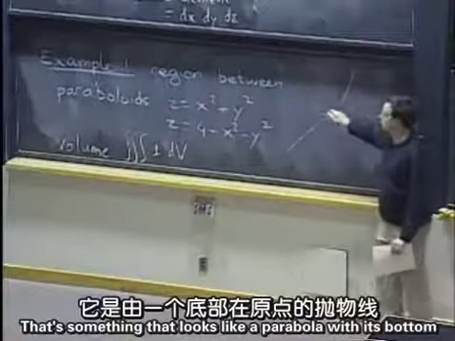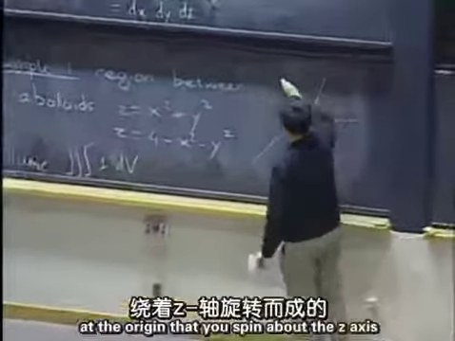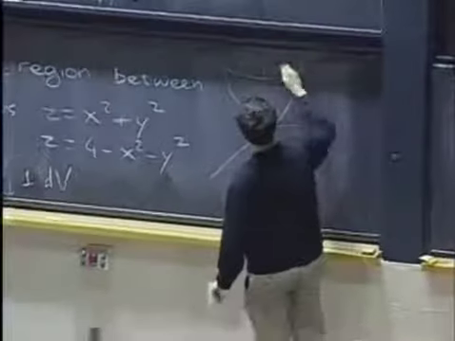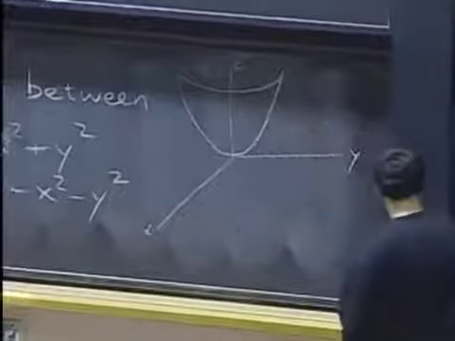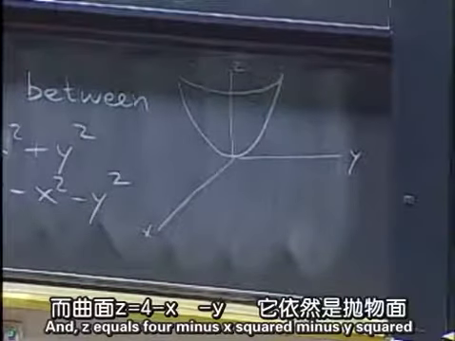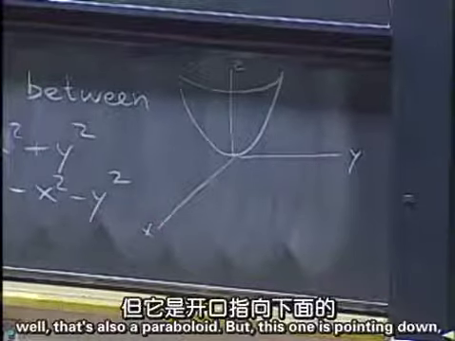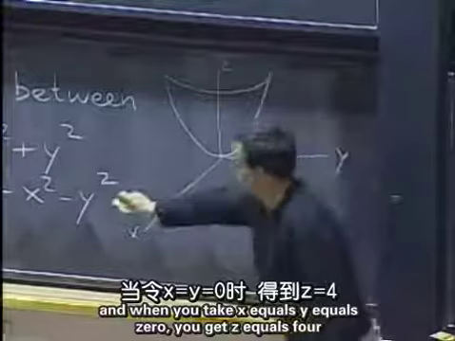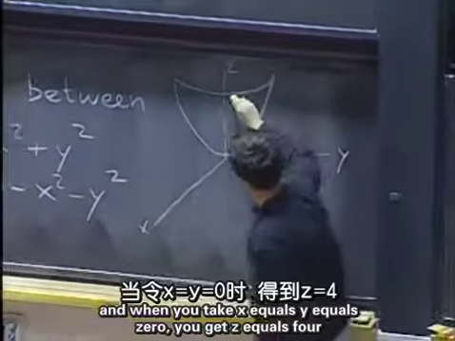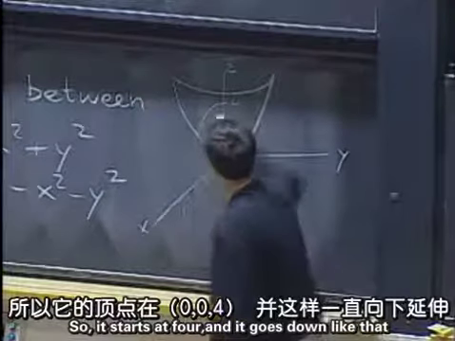That's something that looks like a parabola with its bottom at the origin that you spin about the z-axis. And z equals 4 minus x squared minus y squared. Well, that's also a paraboloid, but this one is pointing down. And when you take x equals y equals 0, you get z equals 4. So it starts at 4, and it goes down like that.